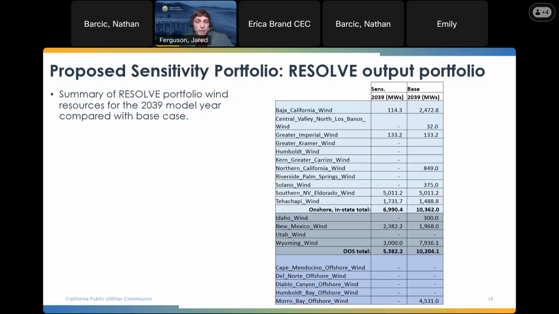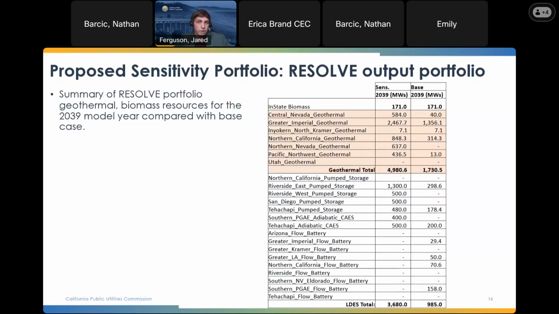This is the comparison of the wind resources in the sensitivity case to the proposed base case. It has less onshore wind, both in-state and out-of-state, and also has no offshore wind in the sensitivity case. Next slide. And on the geothermal and long duration storage, you can see that the gas retirement sensitivity case has significantly more geothermal and long duration energy storage selected by 2039.